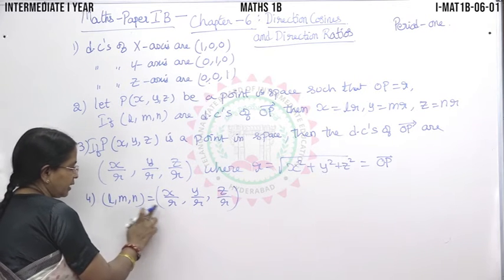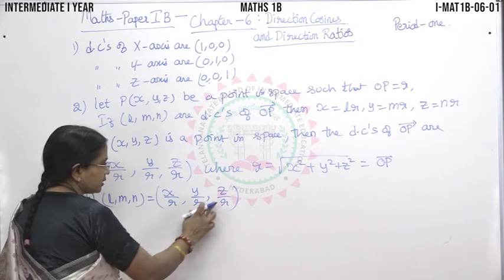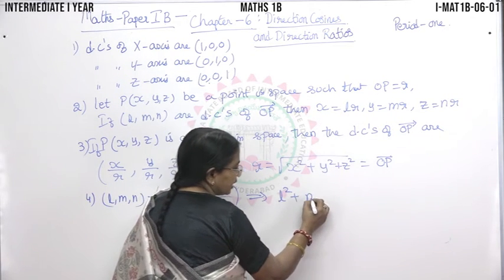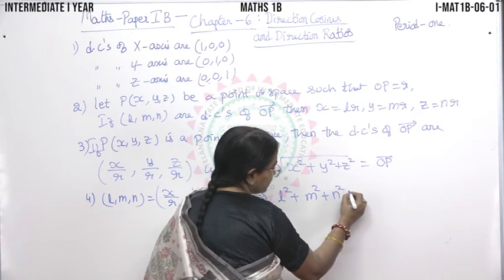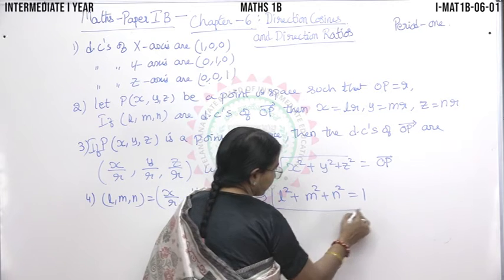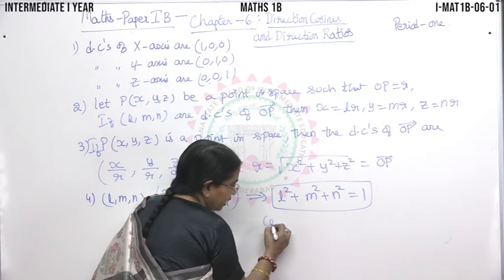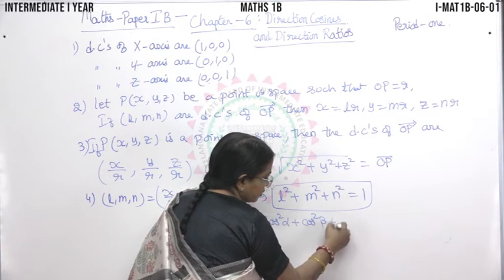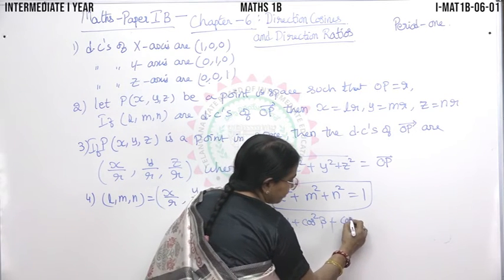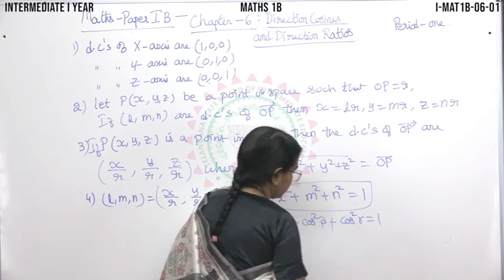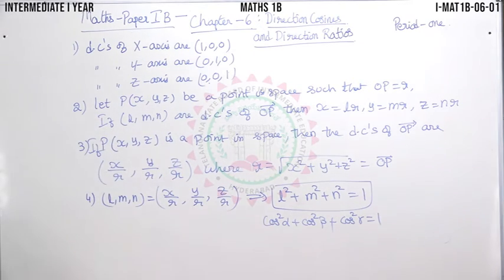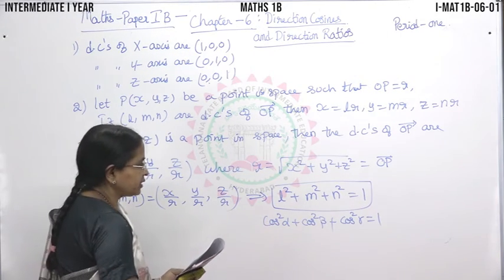L is X by R, M is Y by R, and N is Z by R. So we have an important property: L square plus M square plus N square is always equal to 1. That means cos square alpha plus cos square beta plus cos square gamma is always equal to 1, where cos alpha, cos beta, cos gamma are the direction cosines of a straight line.